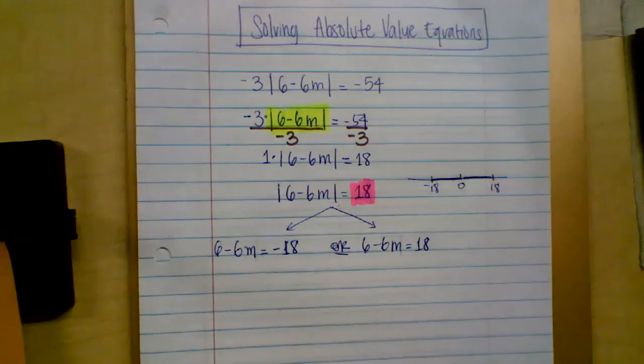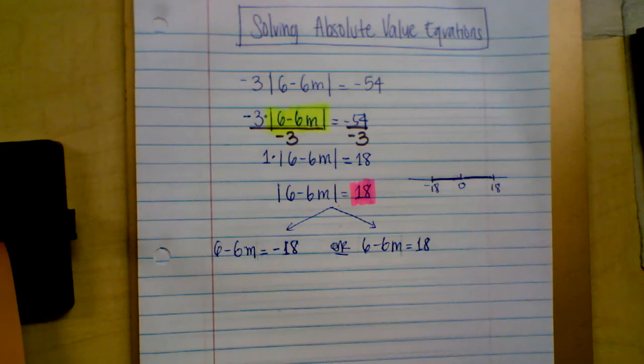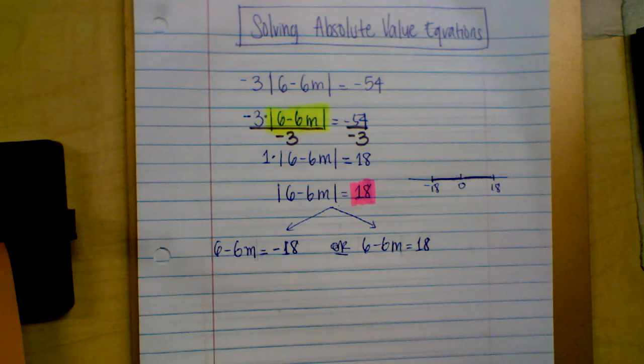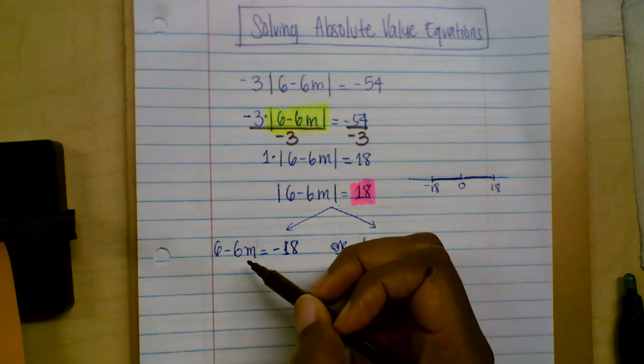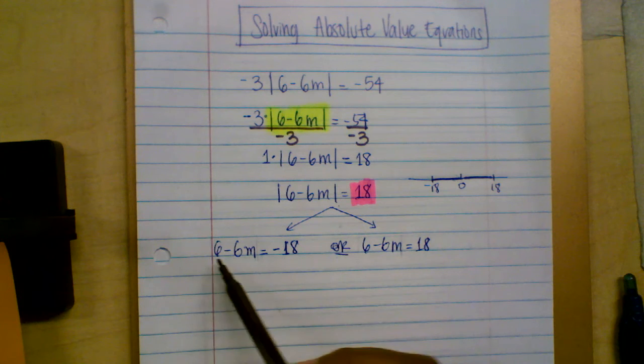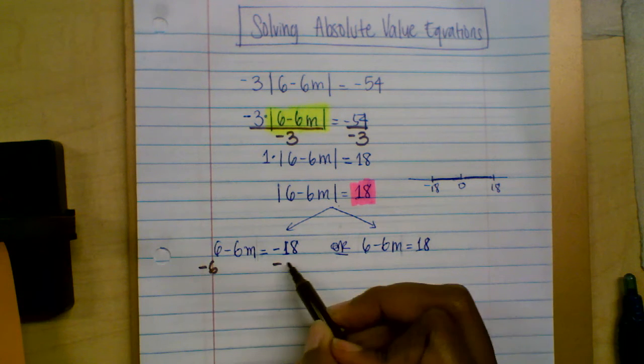So now we have two equations, and the next step is to solve for the variable. Here they use the variable m, so let's solve for m. The first step to solve for m is to make -6m alone, so I'm going to subtract 6 on both sides.